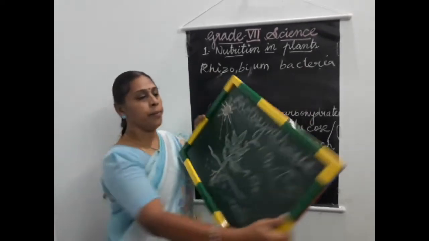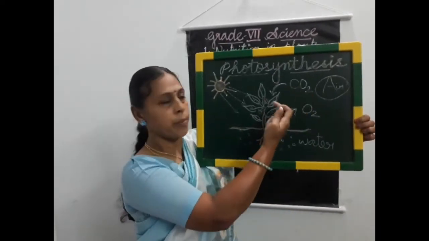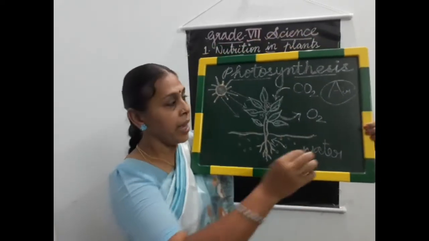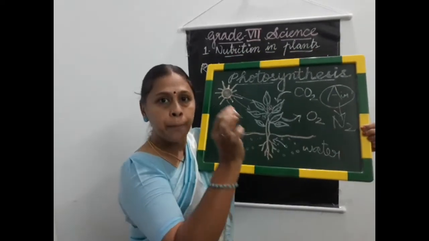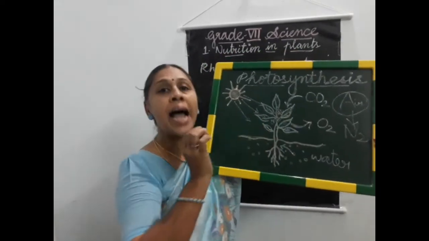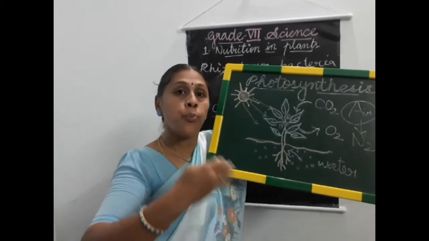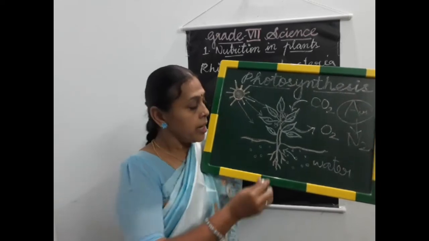See, in the process of photosynthesis, I explained that the leaves absorb carbon dioxide and release oxygen. In the same way, nitrogen is also present in the air, but the plants cannot absorb it directly. But it needs nitrogen to prepare the protein. Then how will it get that nitrogen?